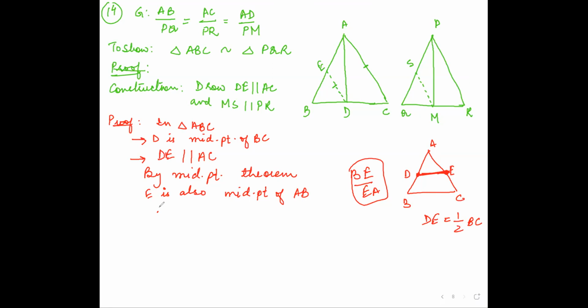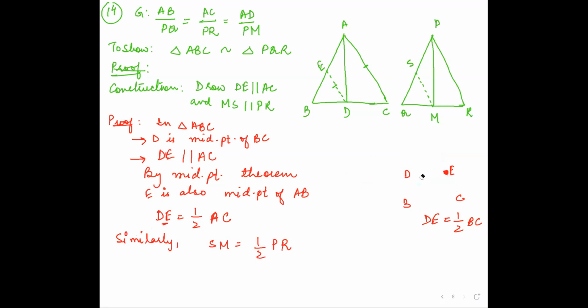So this will give me that DE is half of AC. In one triangle, I have shown that DE is half of AC. Similarly, in the next triangle, I can show that SM is half of PR. So far, is this okay?